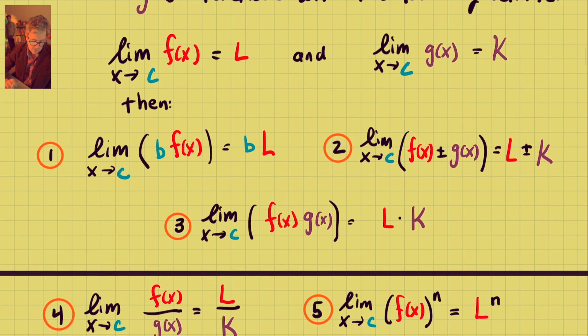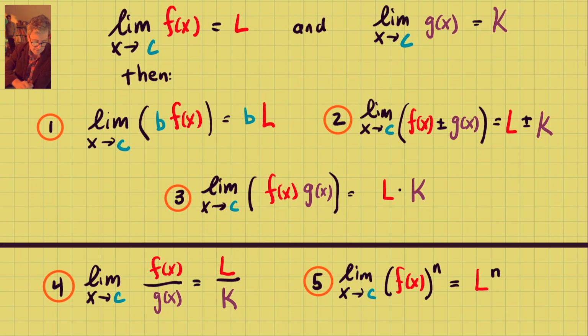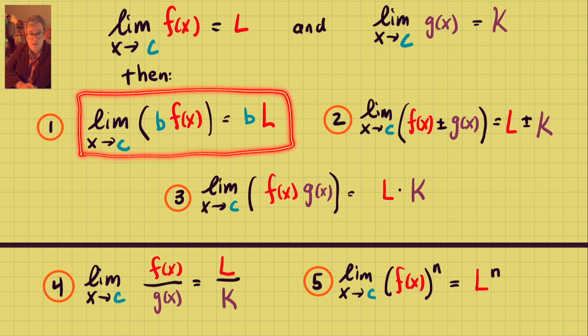The first thing I can say is that the limit as x approaches c of a constant times a function is just equal to the constant times the limit of the function.